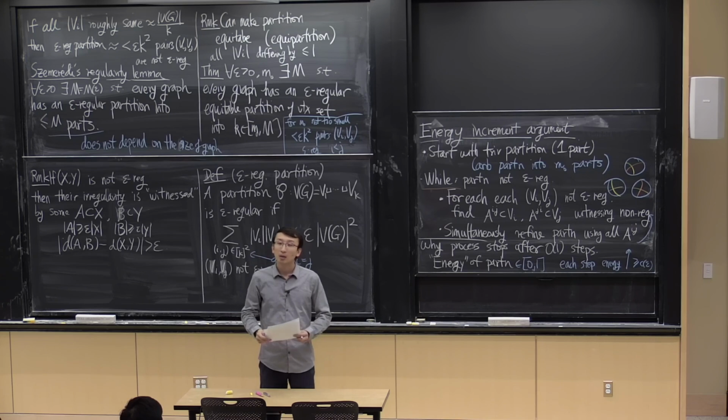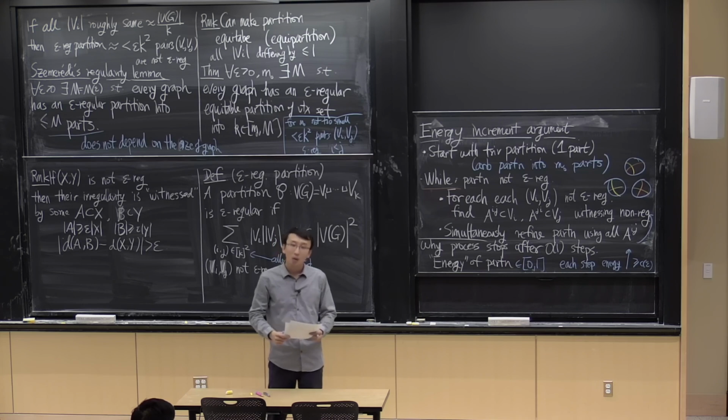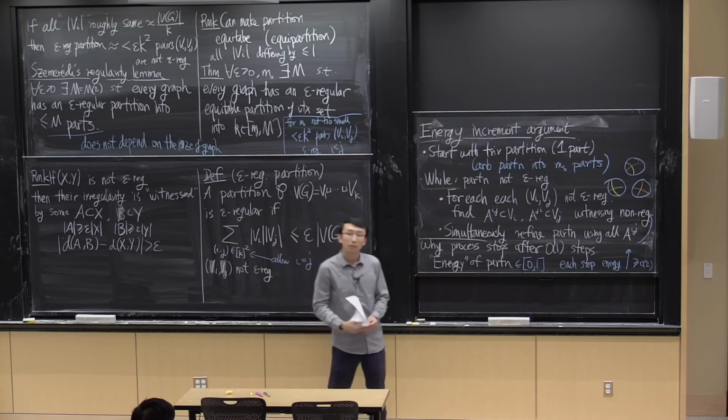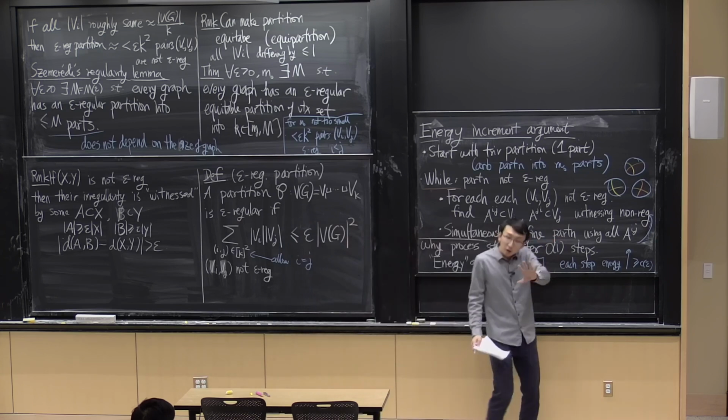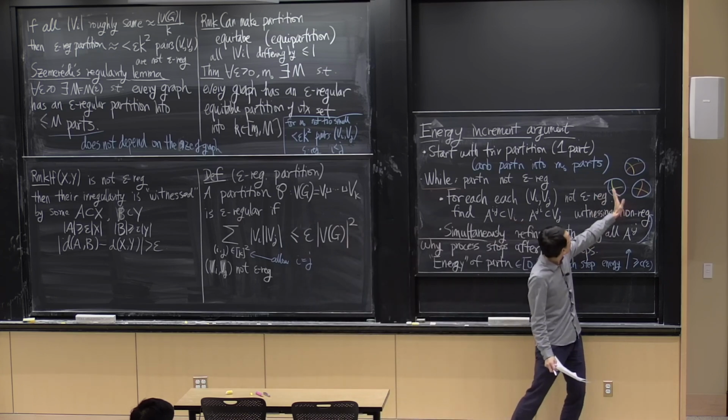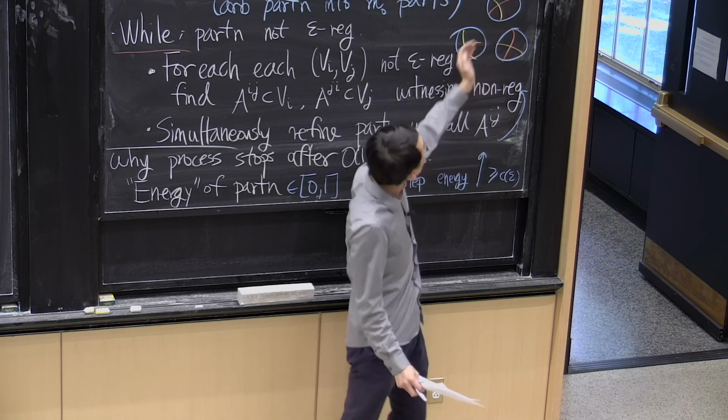Yes? Just to clarify the algorithm a bit, if some V_i is in two non-epsilon-regular pairs, it's possible for A_ij and A_ik to overlap somehow, right? You just make those three partitions? If I understand correctly, you're worried about interactions between different pairs.